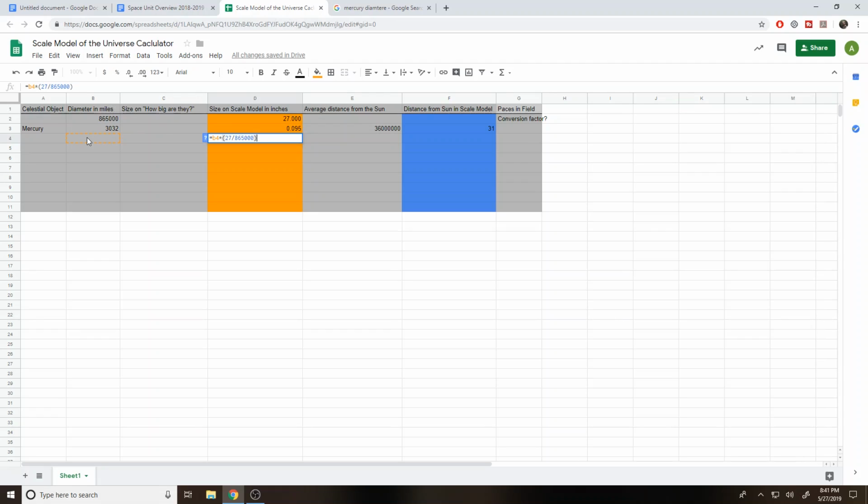And if I hit tab, then that function should be correct. So yeah, it looks like that's the same as what I had before.